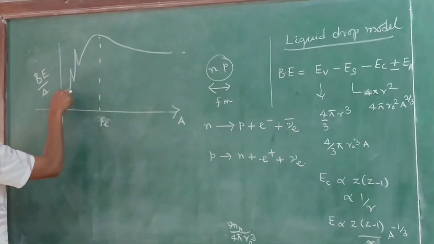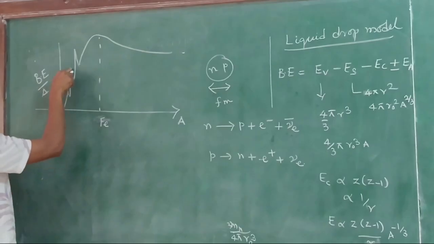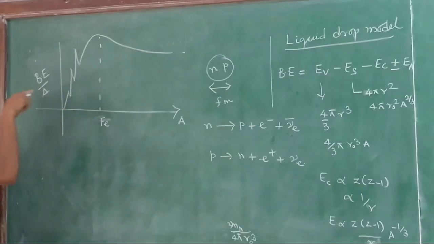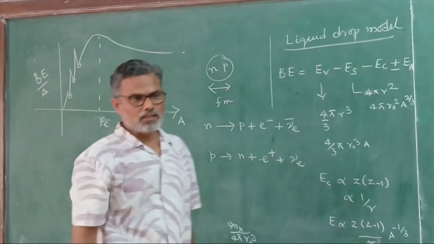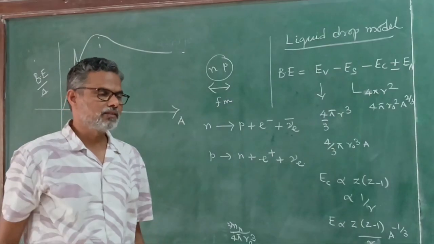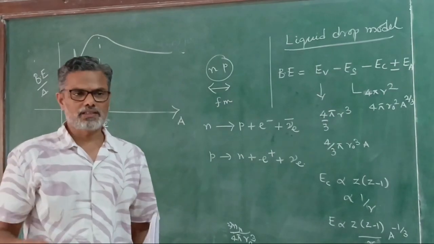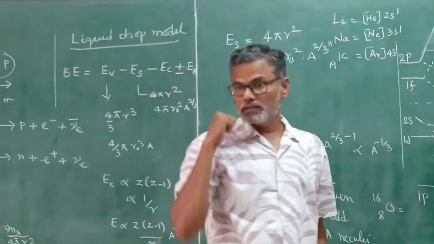You will see that the nearest neighbors drop down. So it keeps increasing and suddenly there is a dip. Wherever you see this reduction in binding energy, that is where the magic number nuclei appear, because they are completely filled inside. So their binding energy is decreased compared to their nearest neighbors. Is that clear?